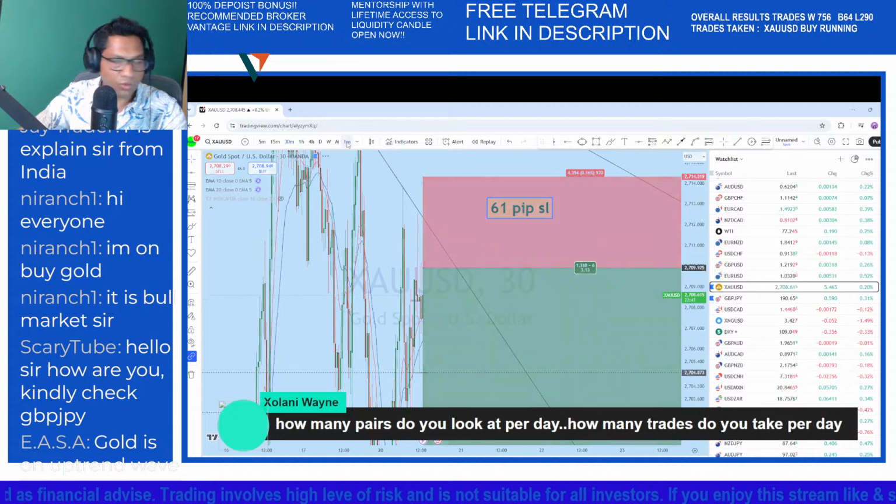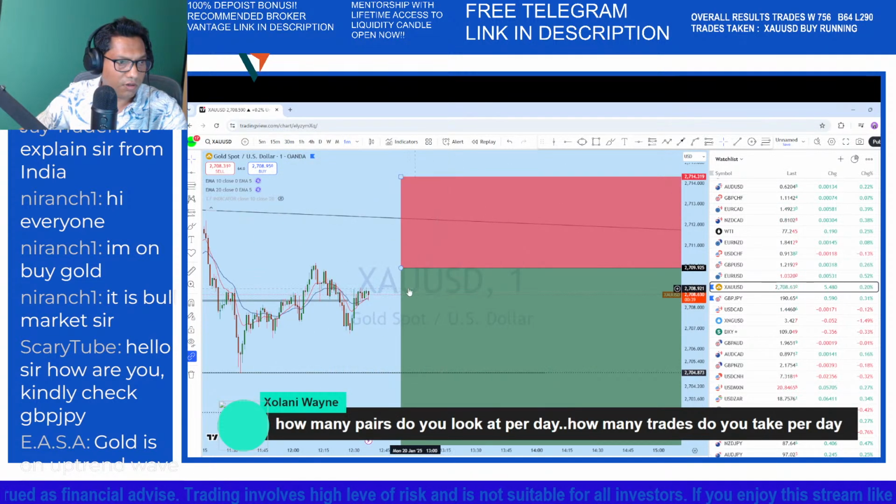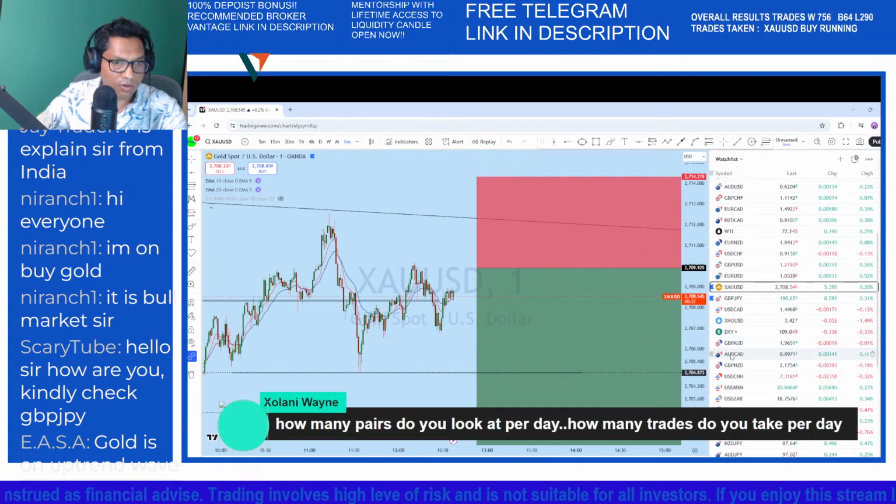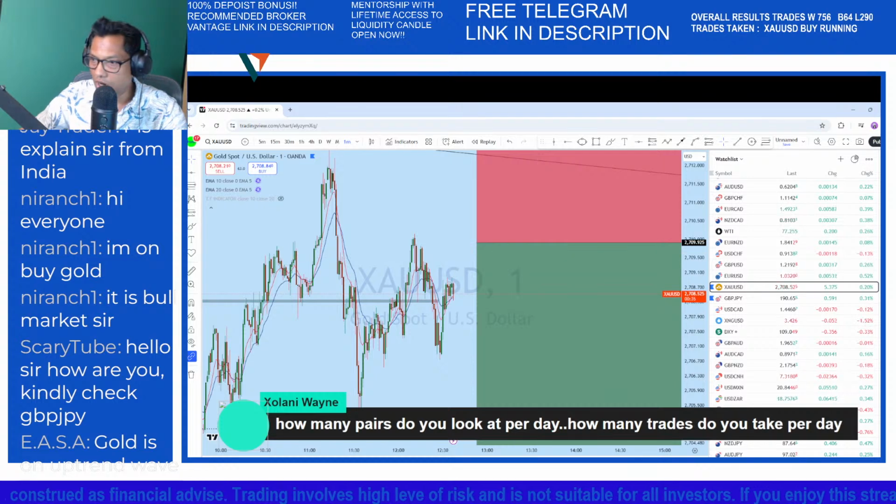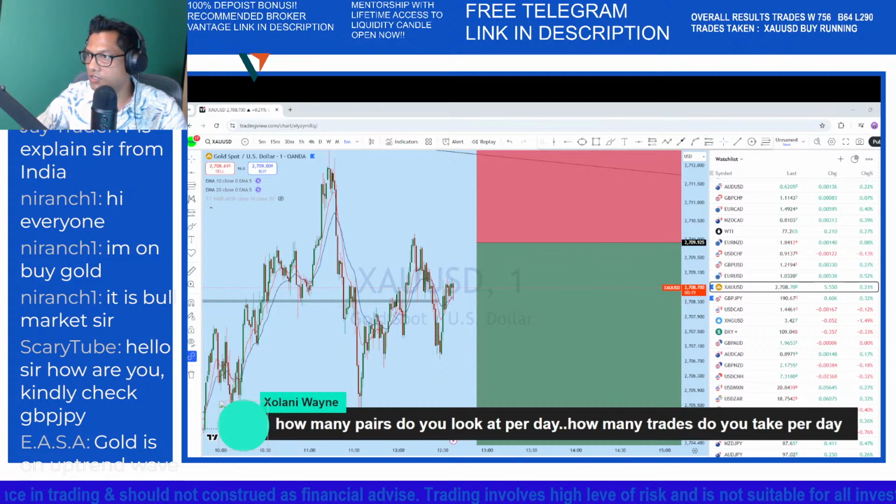So we can wait for a little pullback, and then we will be closing at entry. So I will just be moving my stop loss to entry.